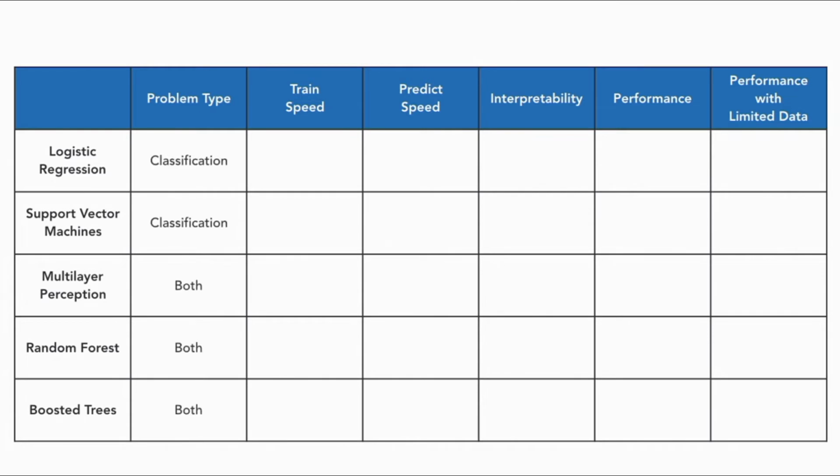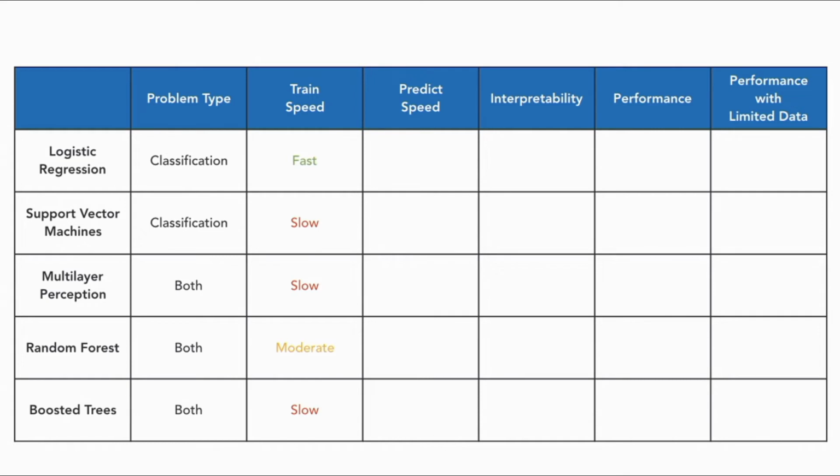For problem type, logistic regression and SVM can only be used in classification. In other words, they can only be used for problems with a categorical target variable. Multilayer perceptron, random forest, and boosted trees can be used for both classification and regression. In other words, they can be used for both categorical and continuous target variables.